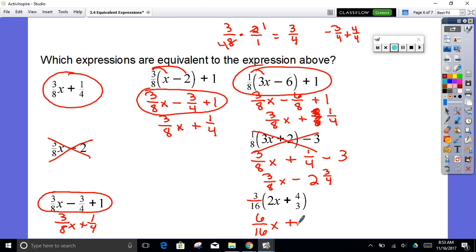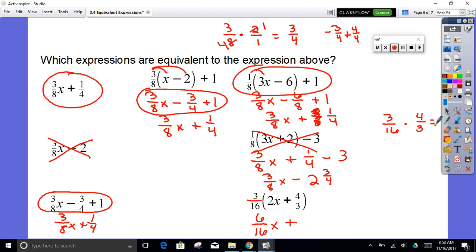Okay, let's write this off to the side. Let's do 3/16 times 4/3. Devin, we can majorly cross simplify on this one. If we write it out like this, what can we cross simplify?